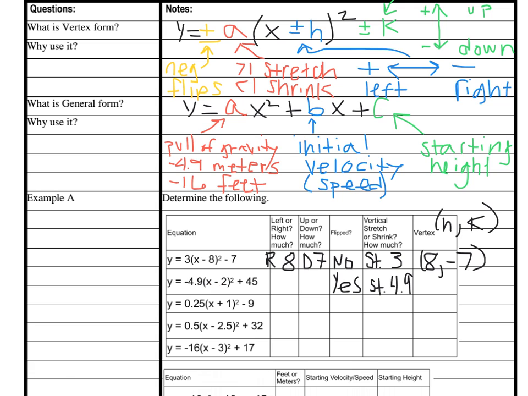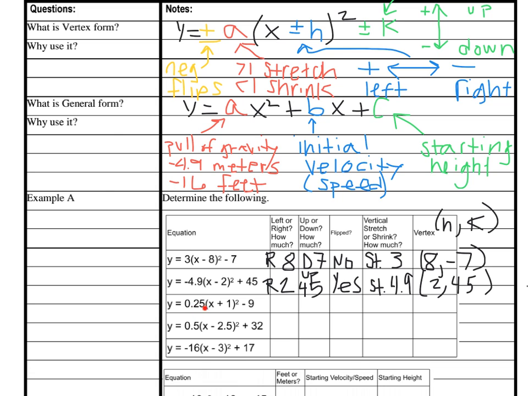X minus 2: the minus tells me it goes right that many, so right 2. Plus 45 on the outside: the plus tells us we go up, so up 45. Next, we just need to do the vertex, so we look inside, we see minus 2, but we're going to write plus 2, so positive 2, positive 45.